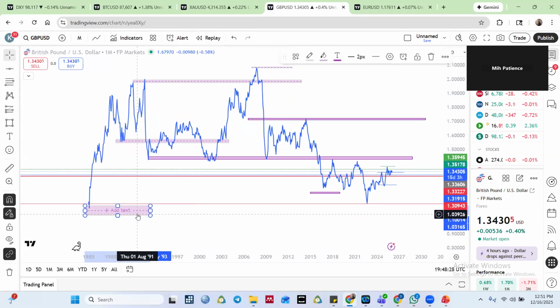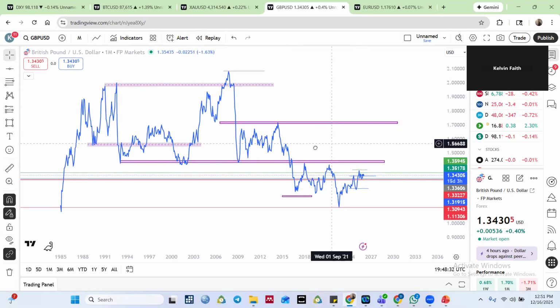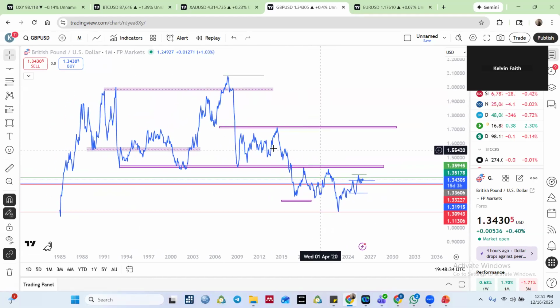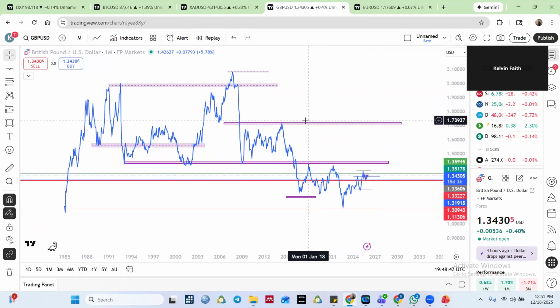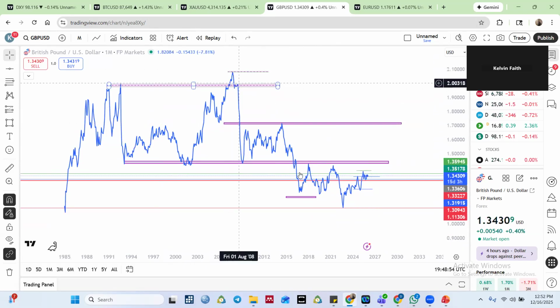Because of that, there is a higher chance that in the future the market will go up and continue giving us higher highs. So that is the context from which I want you to understand this pair. From that sense, the market is bearish right now, currently bearish from the top here.